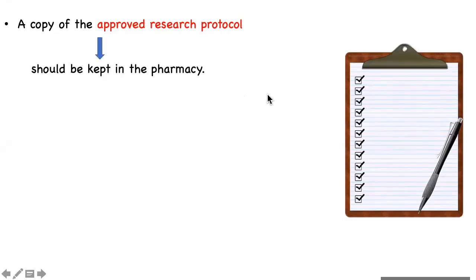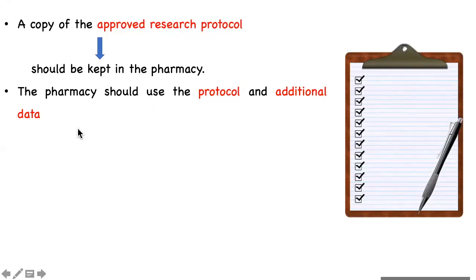So you are part of this study. In addition to that, a copy of the approved research protocol should be kept in the pharmacy whenever the research is being done. So as a pharmacist, you need to keep all these approved research protocols in your pharmacy, especially in the case of the hospital pharmacy, because always remember that investigational drugs are used only in the hospital.